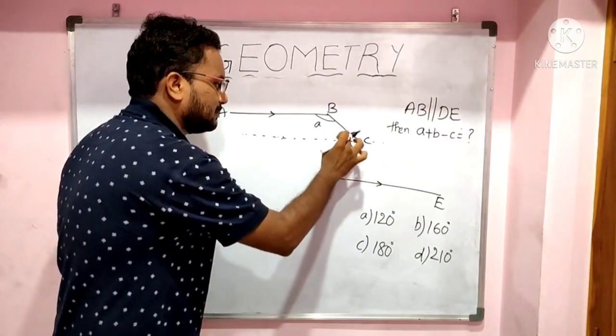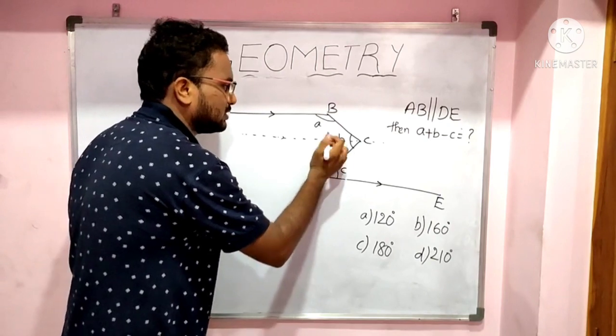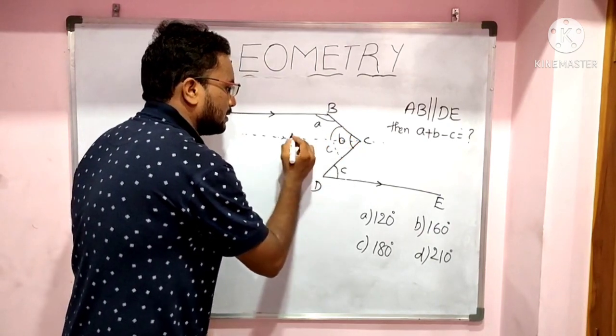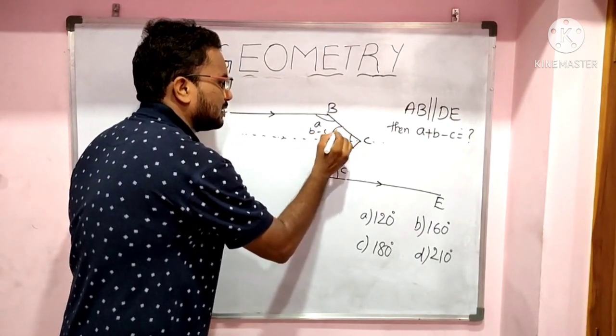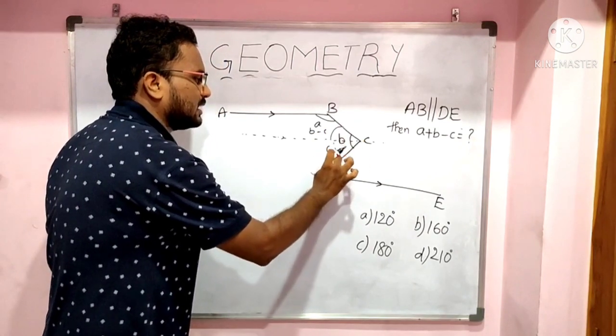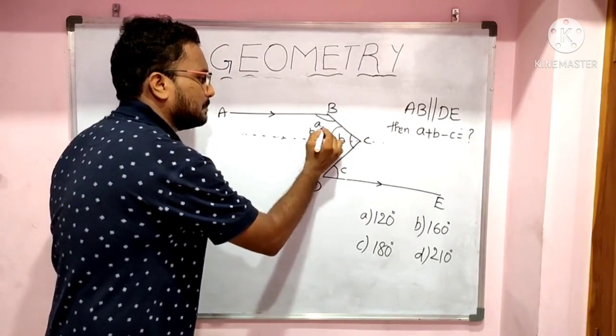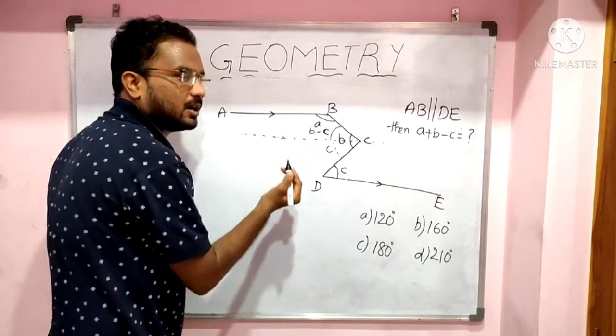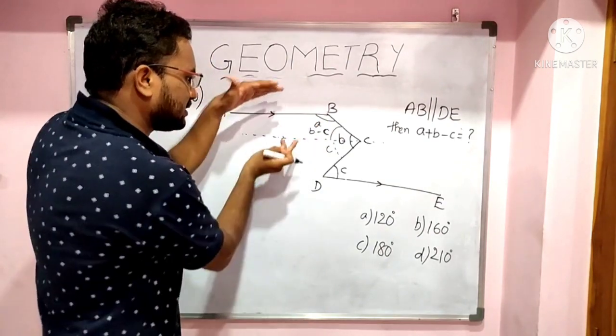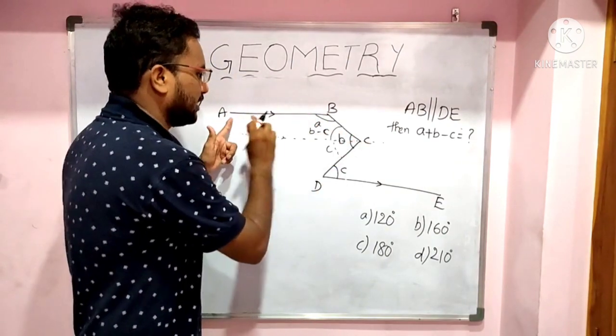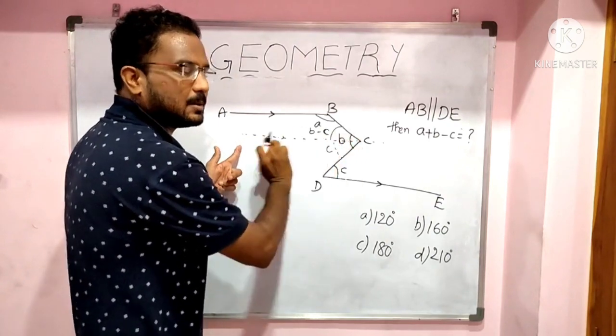So if this total is B and this is C, this angle should be equal to B minus C. And these two lines, AB and this line, are parallel.